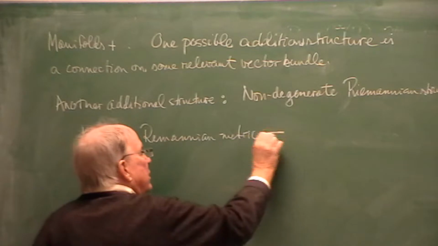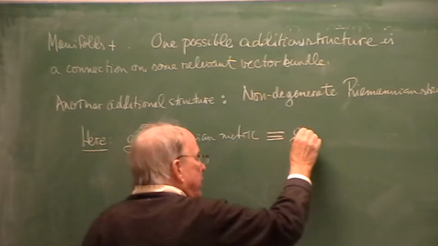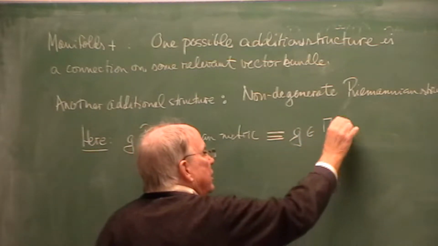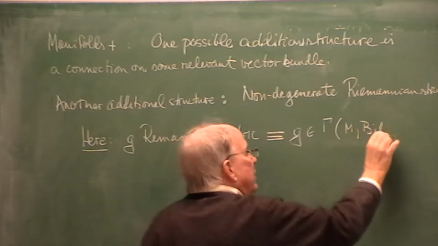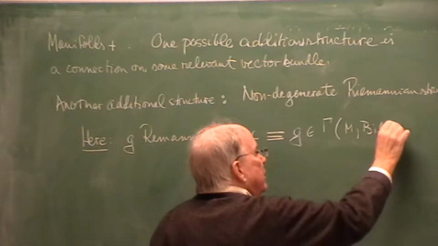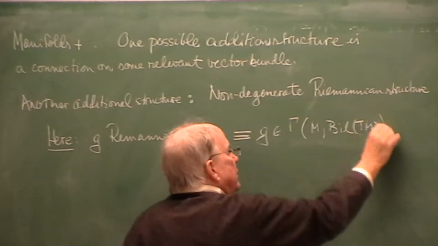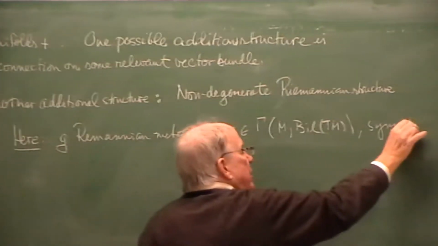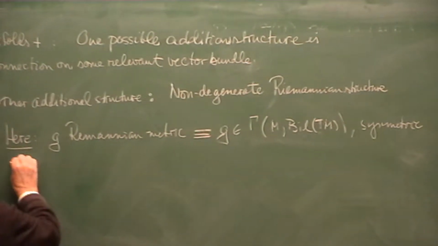That simply means that G is, I'll just write out, a section of the bilinear forms on the tangent bundle, which is symmetric and positive definite.